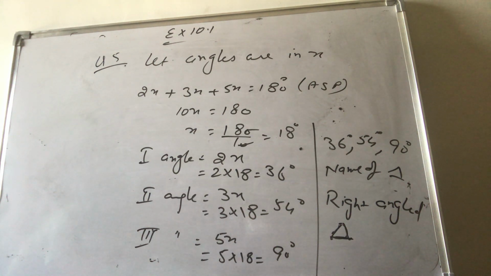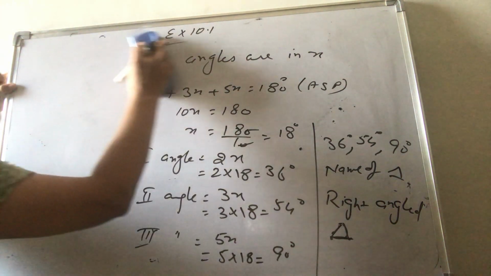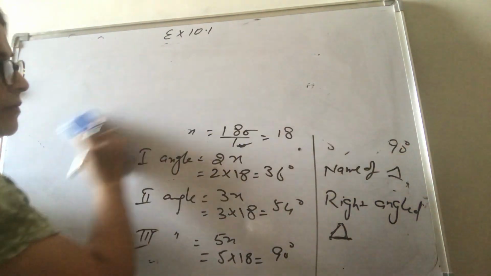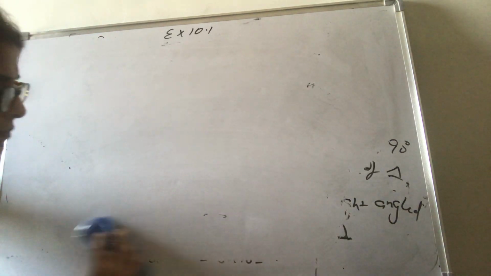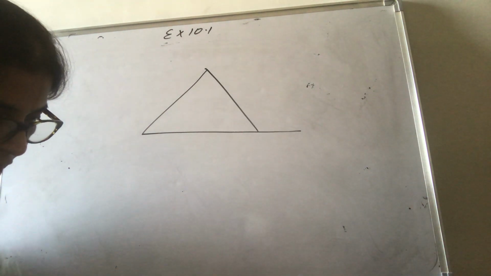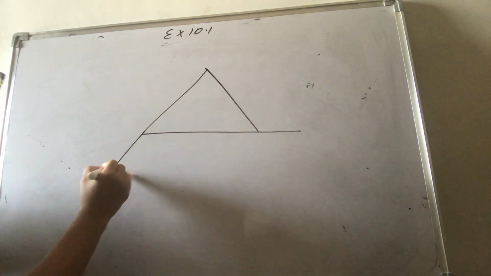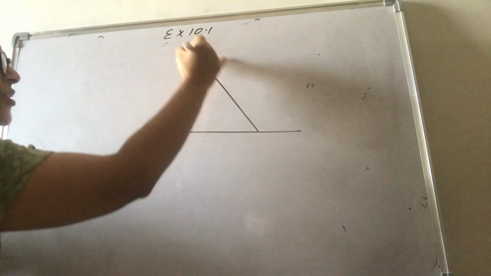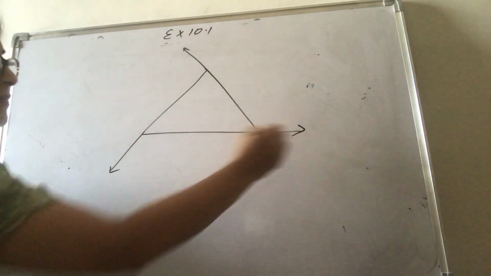Question number 7. Fill in the blanks with the help of the figure. This is the figure. As everybody is seeing, each side of the triangle is extended.